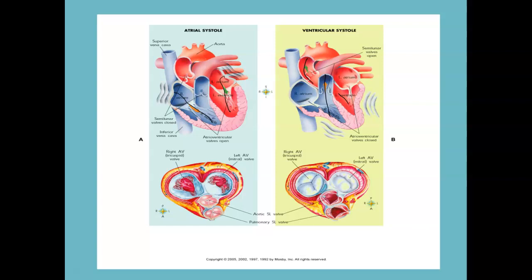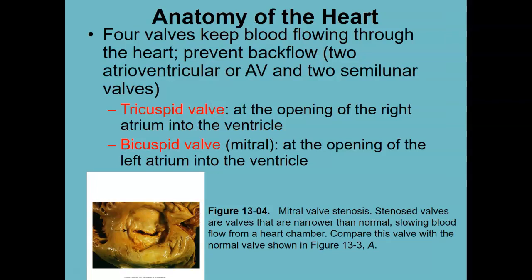So our heart contraction, or systole and diastole, is also coordinated with our breathing rhythms, which we will talk about in a separate chapter. So the four valves keep blood flowing through the heart. They prevent backflow. The two atrioventricular valves, we also call AV valves, and the two semilunar valves.